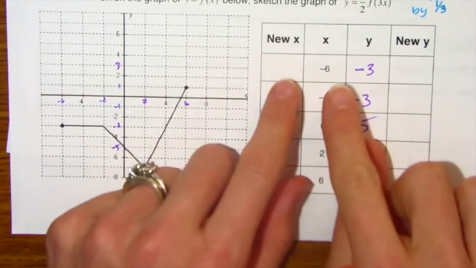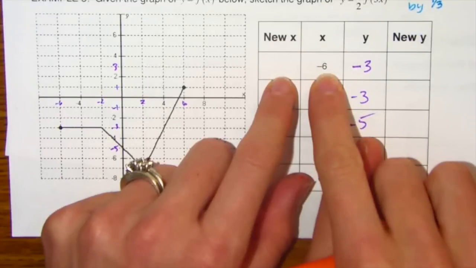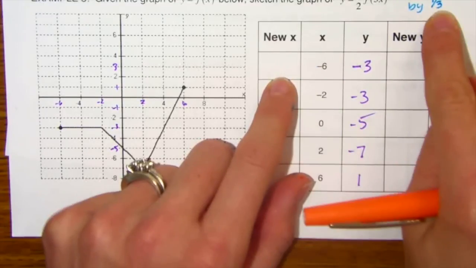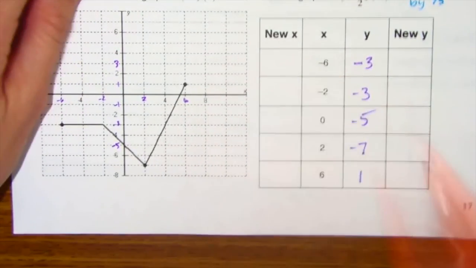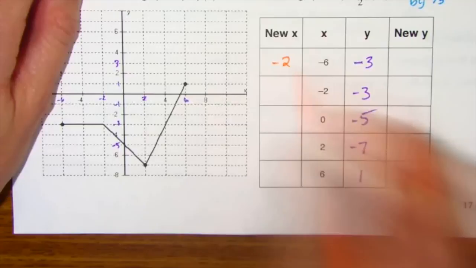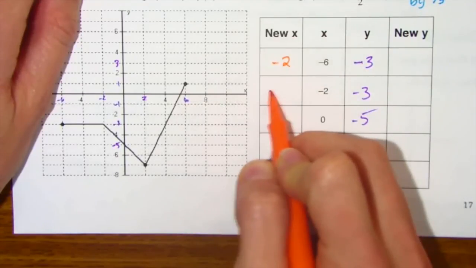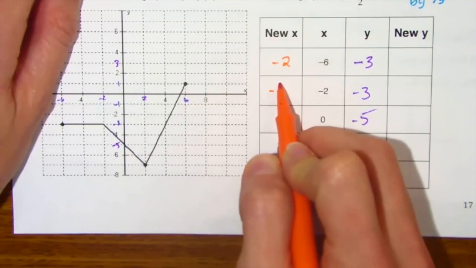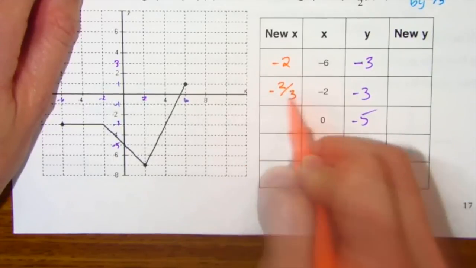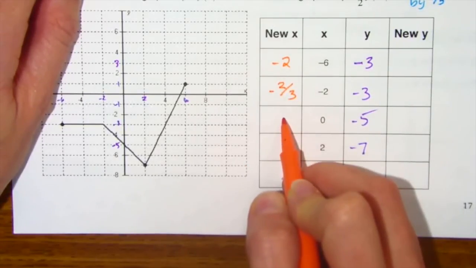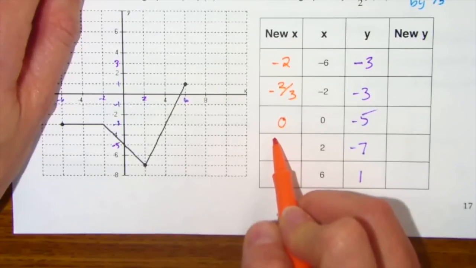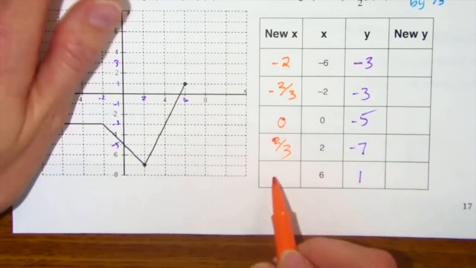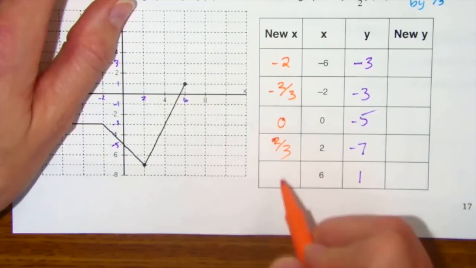So if I have the -6 for x, and I'm multiplying by a third here, you're really dividing by 3. So what is -6 divided by 3? -2. This is going to be negative 2/3. This is going to be 0. This is positive 2/3, and this is 2.